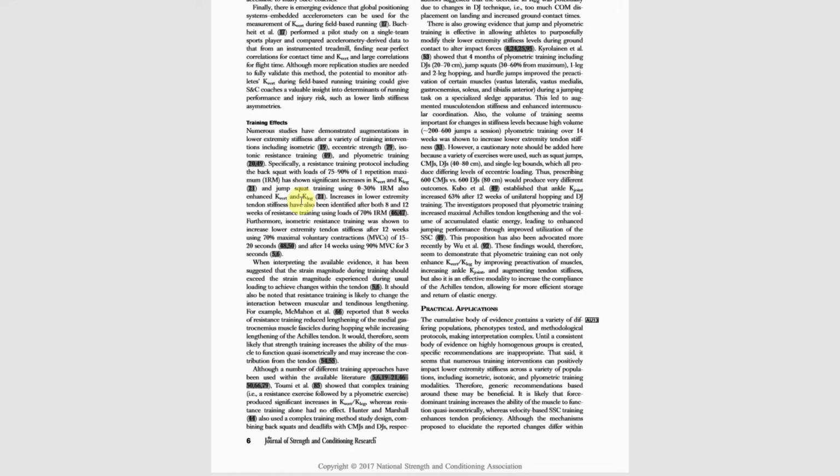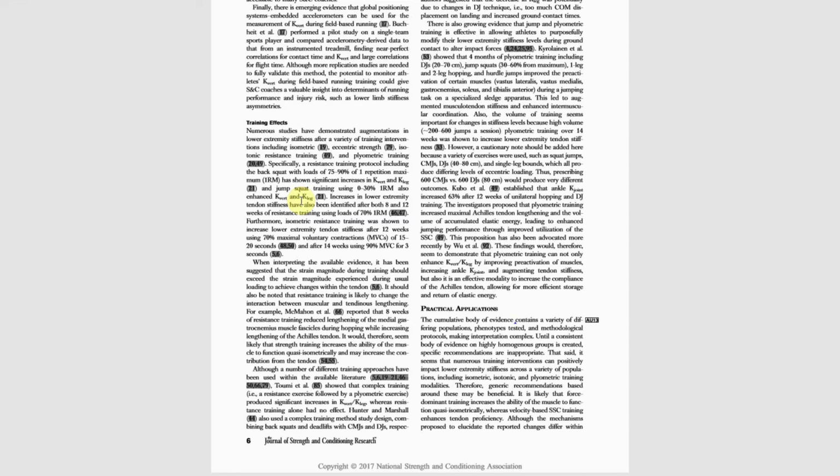However, that said, it seems numerous training interventions can positively impact lower extremity stiffness across a variety of populations. The good news is that comprehensive conditioning programs are likely to be developing lower extremity stiffness in the right manner, as a variety of training interventions have shown augmentations in lower extremity stiffness, such as isometric, eccentric, dynamic resistance training, as well as plyometric training.